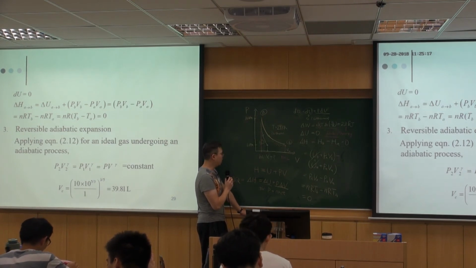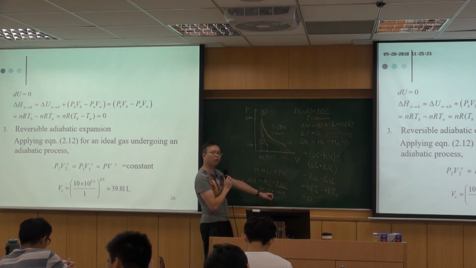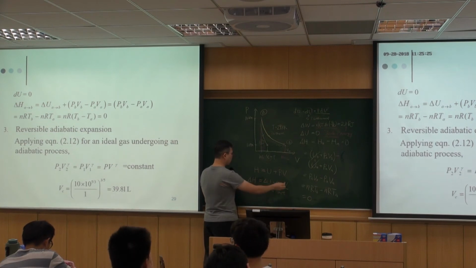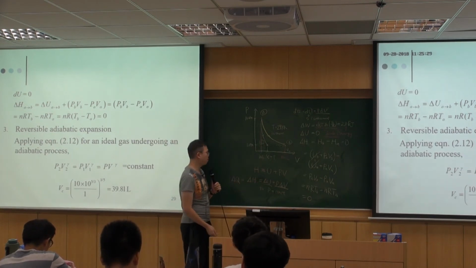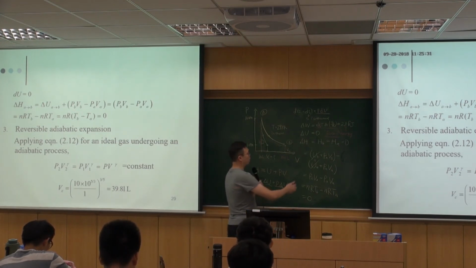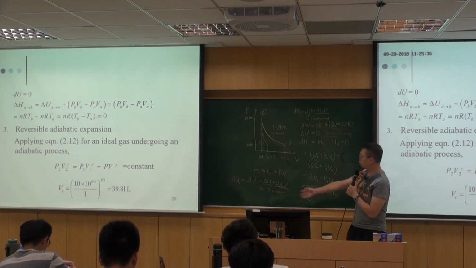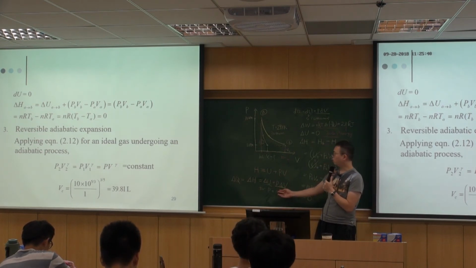So again, H is only a state function that gives you delta Q when you're dealing with a constant pressure process. But if you're dealing with an isothermal process, you'll clearly see that you cannot have this kind of result, right?